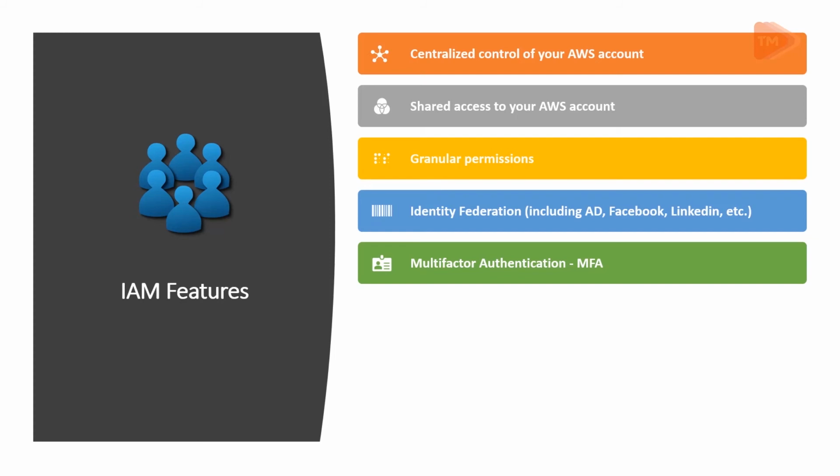So for any users that you create, you can tell them to set up multi-factor authentication to increase the security on the account. That is what multi-factor authentication does. I will not be giving a lab track on multi-factor authentication.